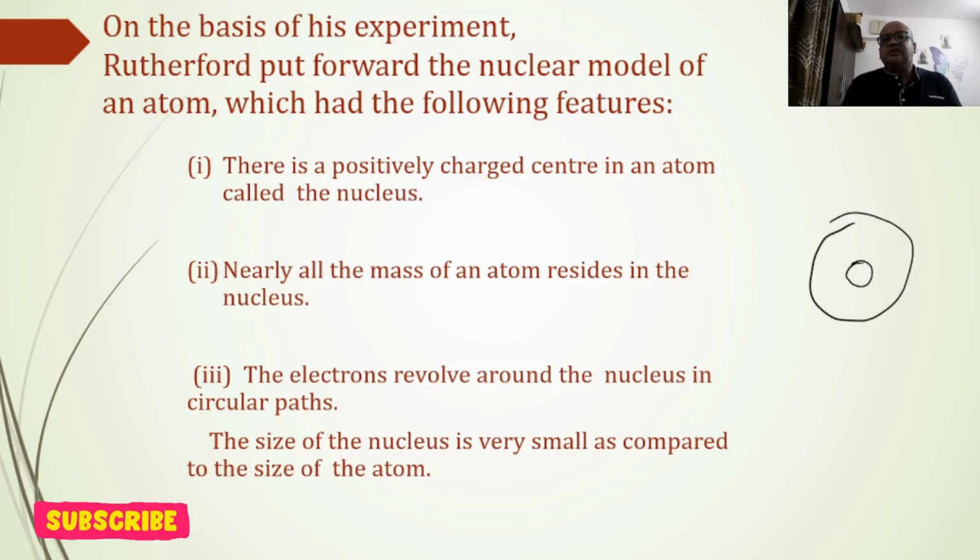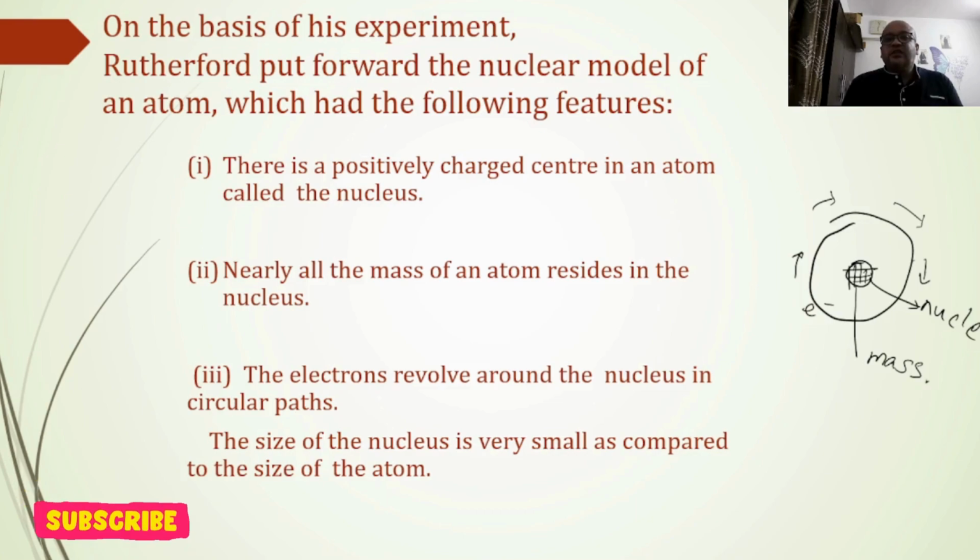Here you see the nucleus in the center. Nearly all the mass of an atom resides in the nucleus, concentrated in the nucleus. The electrons revolve around the nucleus in a circular path. Here you see electrons revolving in a circular path.